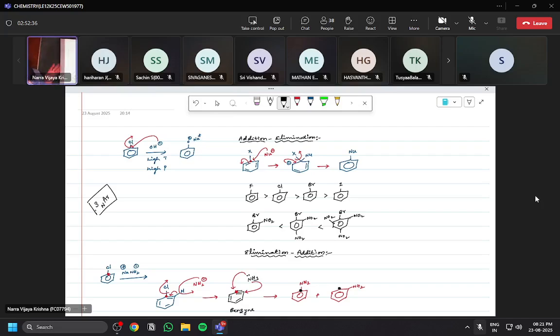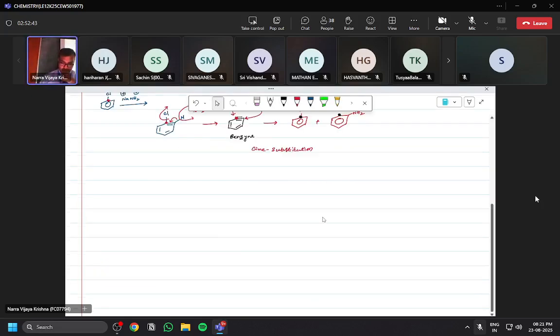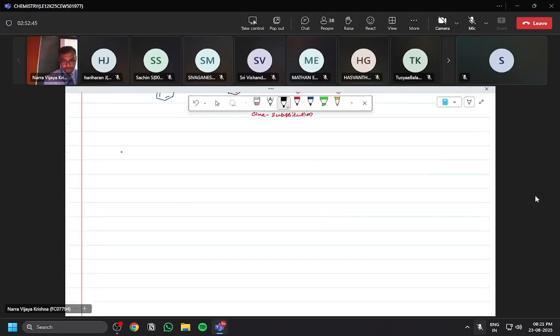Clear? Any questions in it? Sometimes they will ask you a question in this way. I am taking CH3 here, Br here, allowed to react with NaNH2. Now what is the product? What happens first? First NH2 minus will go and pull H plus from here.